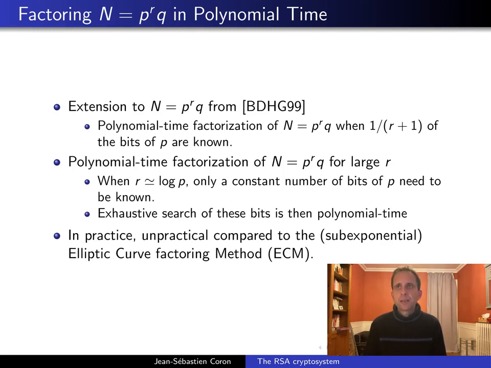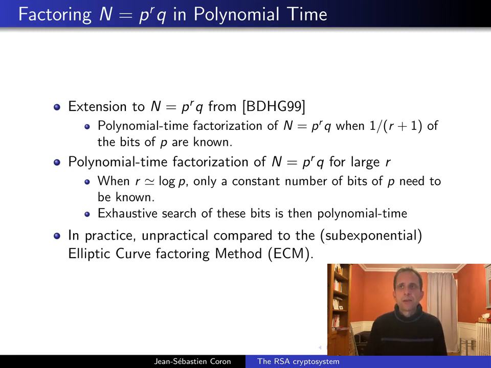And so this means that exhaustive search is possible. We can exhaustively search this constant number of bits, and the complexity of the algorithm remains polynomial time. So this gives us a new class of integers for which we can compute the factorization in polynomial time, that is integers of the form p to r times q when r is very large.